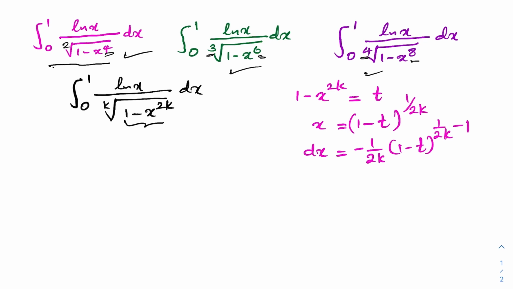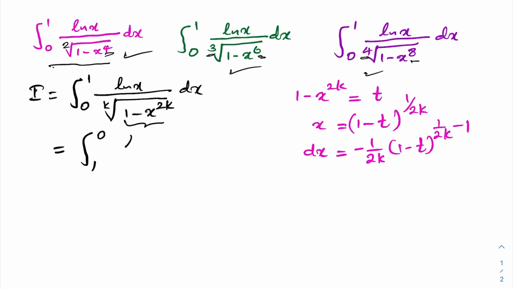Now we can plug in. Let's take this integral equal to I. Now I is equal to, for the limits: when x approaches 0, the lower limit, t approaches 1. When x approaches 1, the upper limit, t approaches 0.